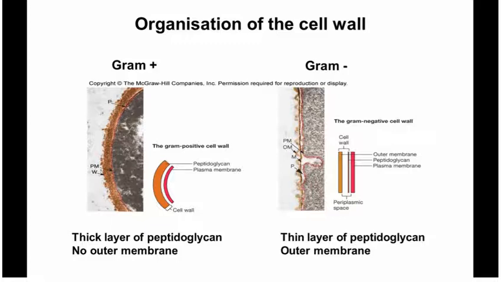So that's the basic difference between gram-positive and gram-negative cell walls. Big, thick peptidoglycan layer, no outer membrane. Thin peptidoglycan layer, outer membrane. Now, the common part of the structure here is the peptidoglycan. It's present in both gram-positives and gram-negatives.